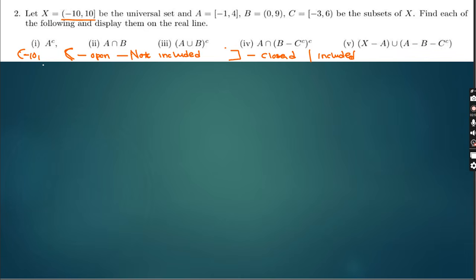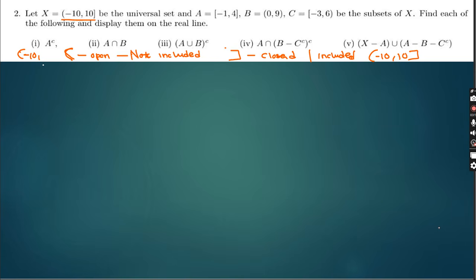So whenever you see a number, let's combine the two concepts. From the universal set, we have negative 10, comma 10. What does this mean? It means these numbers range from any number greater than negative 10 up to and equal to 10.